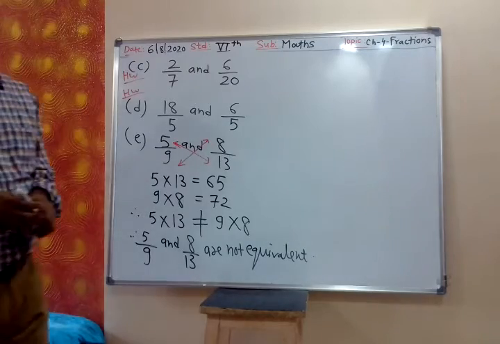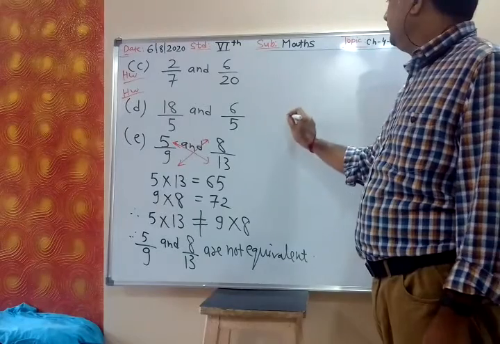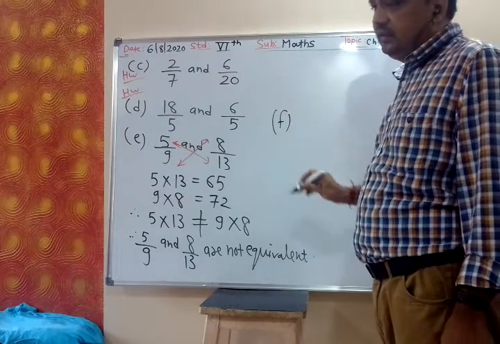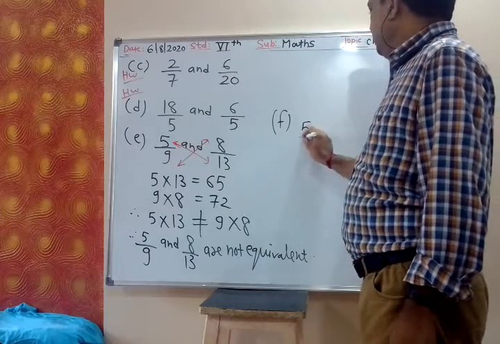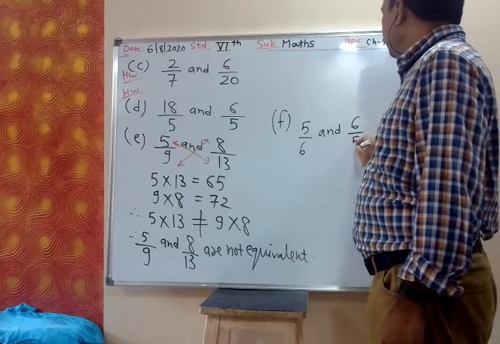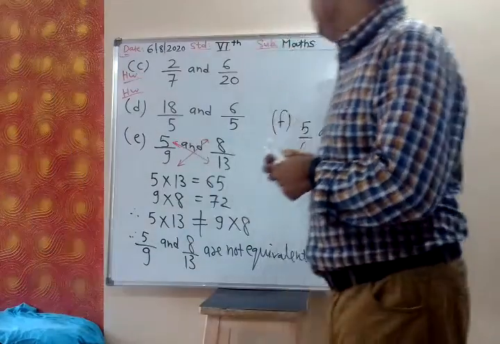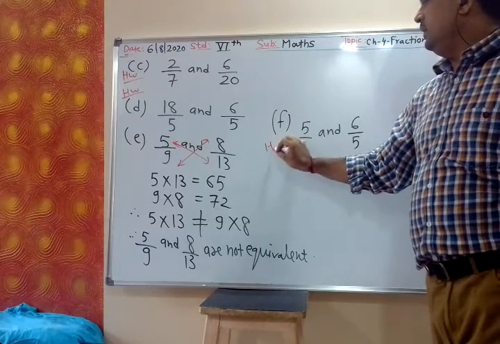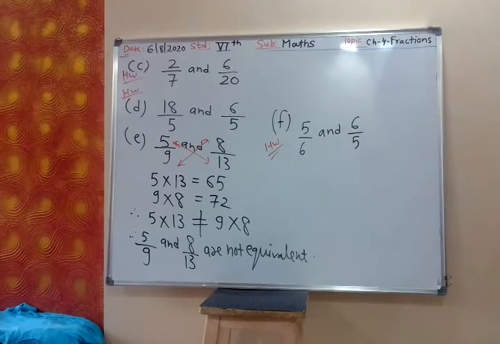Now F. F question: 5 upon 6 and 6 upon 5. It is clear, right?